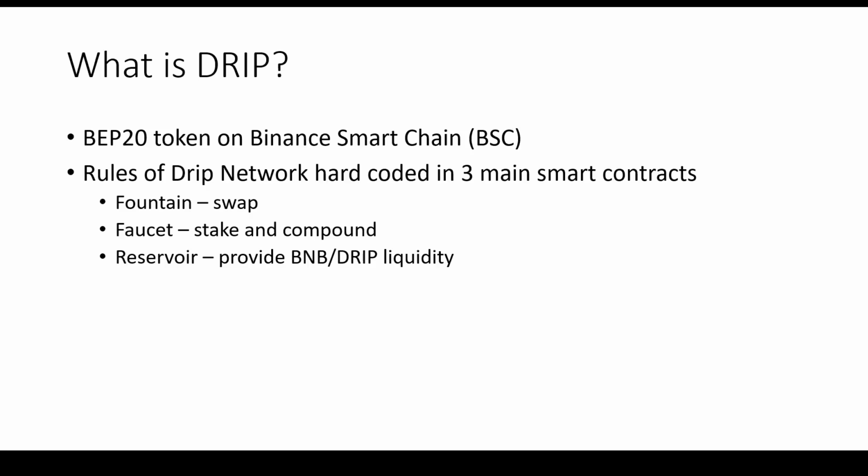Those smart contracts are hard-coded into the Binance Smart Chain blockchain. That means they are immutable. They cannot be changed. They are what they are. They can't be pulled off the chain. They're on the blockchain, and they always will be. And so you can depend on this project as being a complete project.